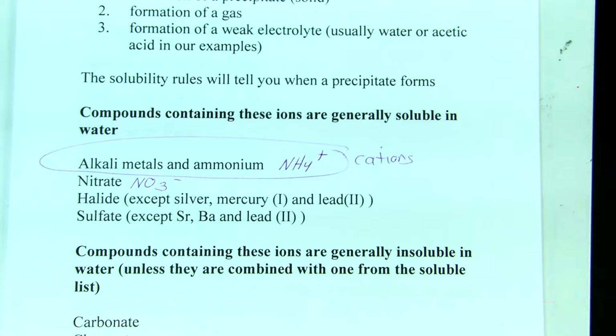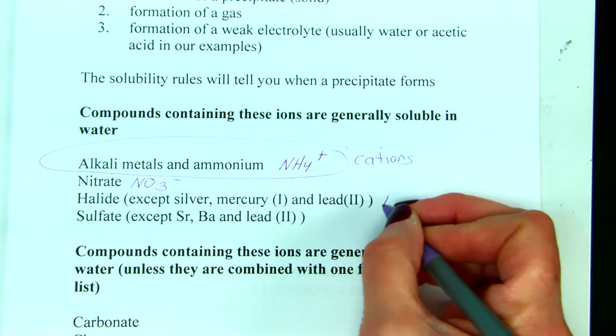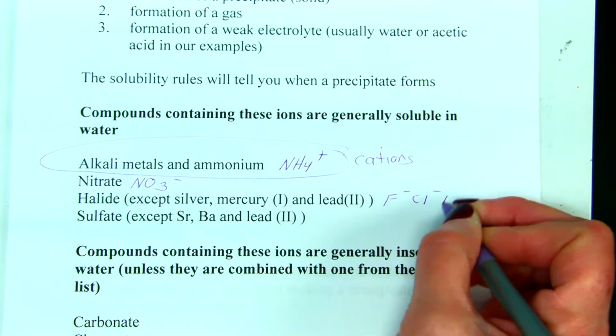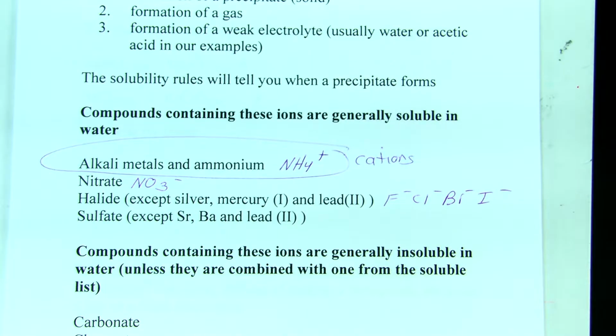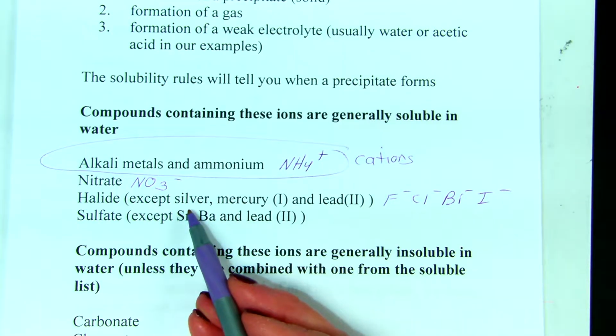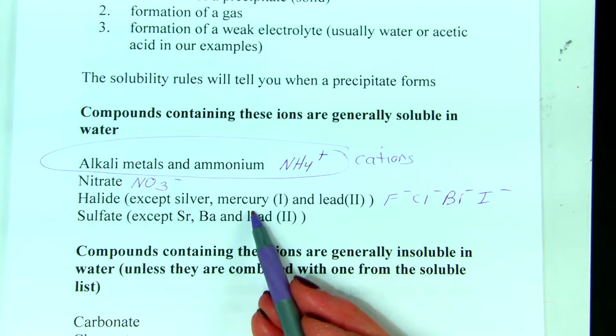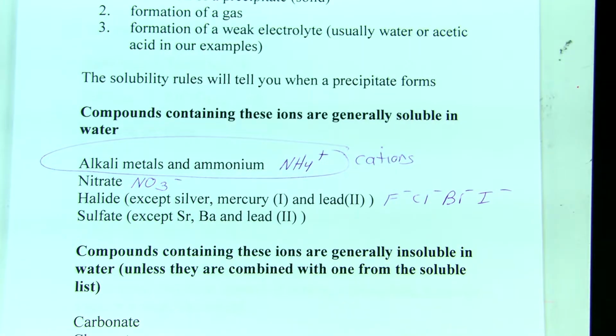Chloride, iodide, bromide, fluoride, the halides. Now, these will dissolve most of the time, but when they hook up with silver, lead-2, and mercury-1, then they don't dissolve. Those actually make a precipitate.